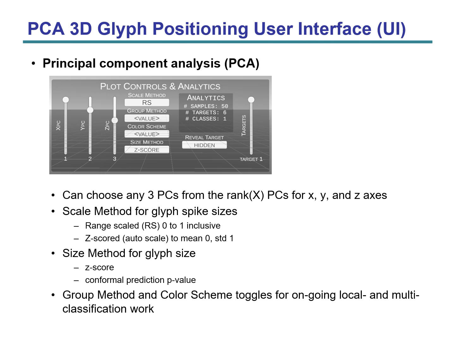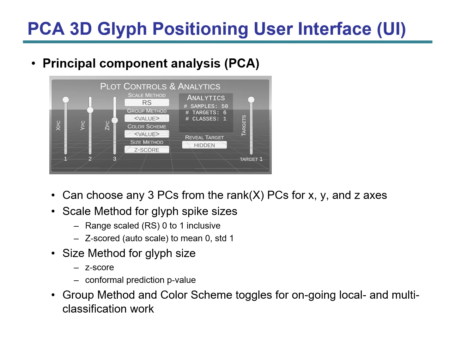In the VR, we have a UI, a user interface, and that allows us to change the view that we're seeing of our glyphs. We're using principal components for our axes, but in the outlier paper, we also use UMAP. On the left, we have slide bars, so we can create a plot with any PCs for any of the three axes.